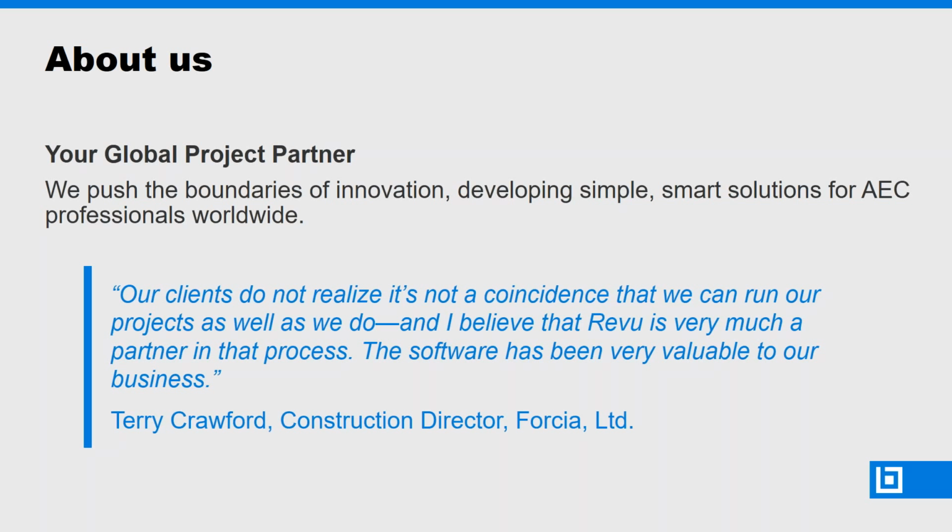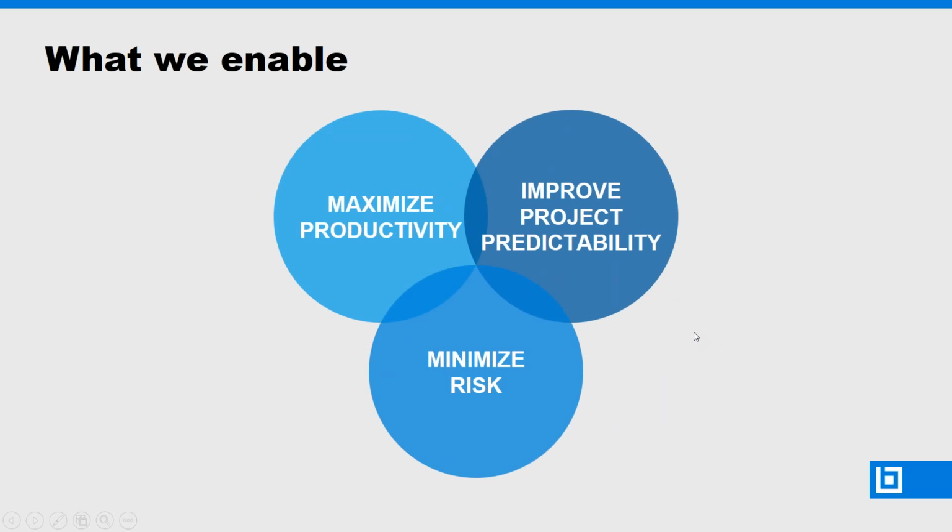What we enable at sort of a macro level, we enable our customers to maximize their productivity, so they're able to do more in less time. We improve project predictability.